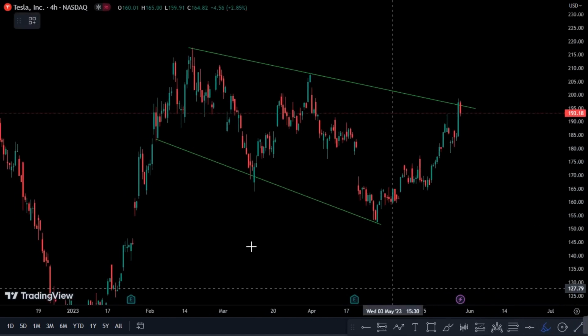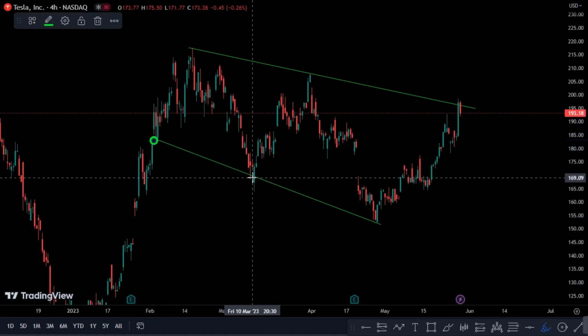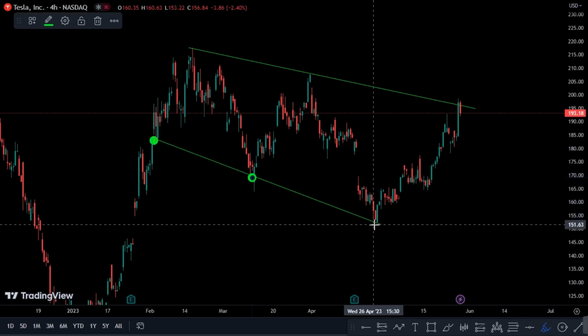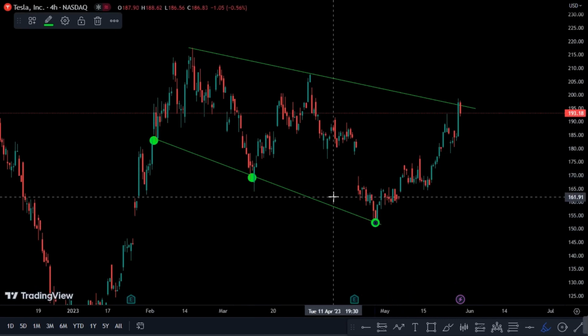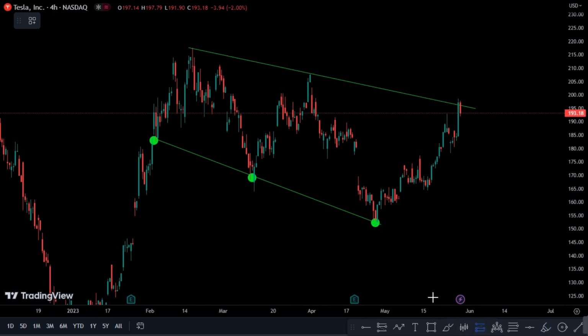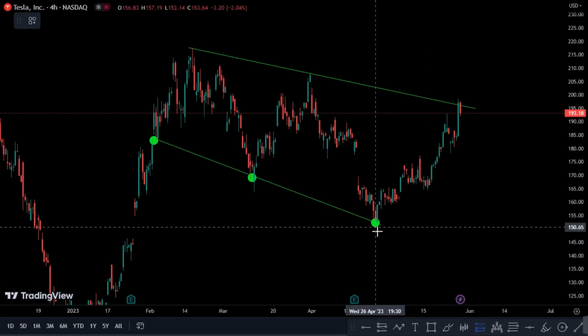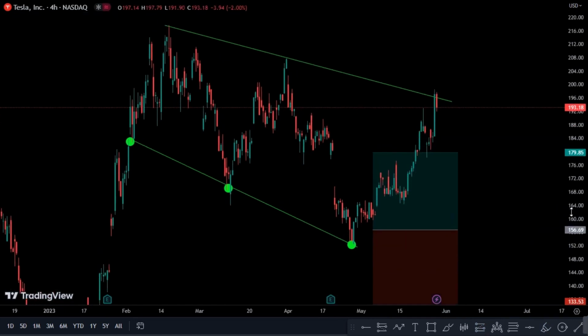As you can see, this was the first touch, the second touch, and then we would have been on the lookout for the dead touch which occurred here. This goes to show that this strategy works across all instruments. As you can see, it is also playing out on the stock as well.